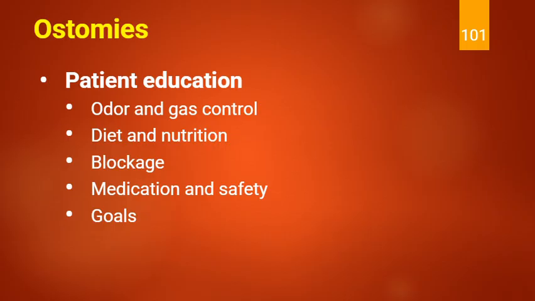Several products are available to help reduce odor and gas buildup. Some ostomy pouches contain charcoal filters that allow gas to escape slowly while reducing odor. Deodorizing sprays, drops, or tablets may also be placed inside the pouch to help control odor. In addition, some patients use a vent device, which is a small attachment that allows gas to be released easily without removing the pouch.